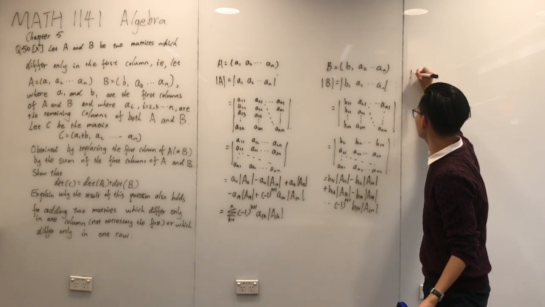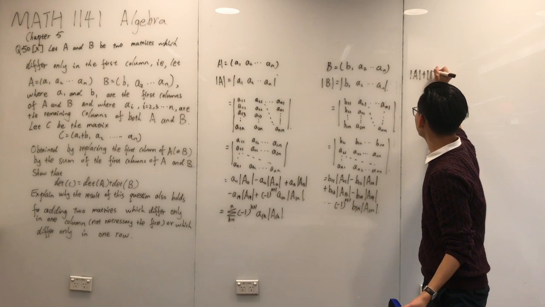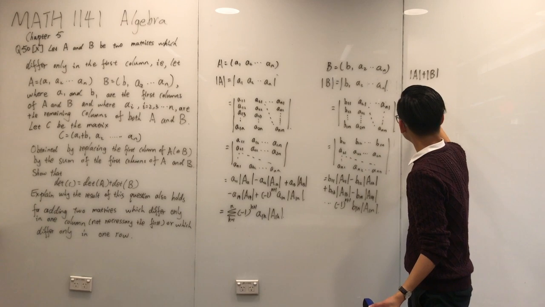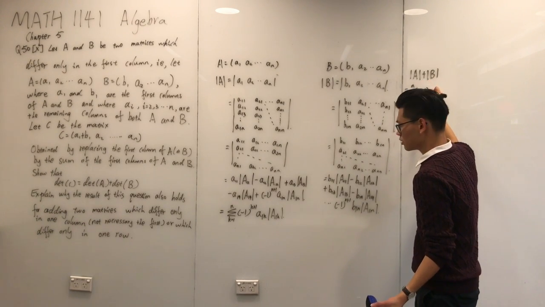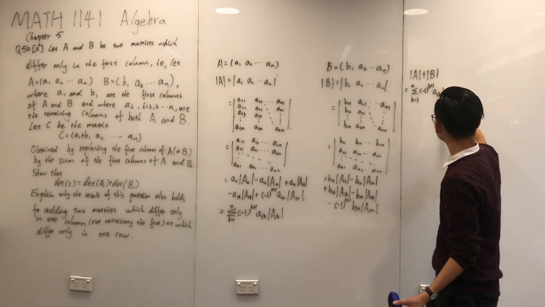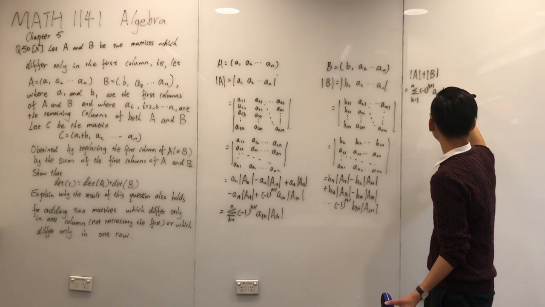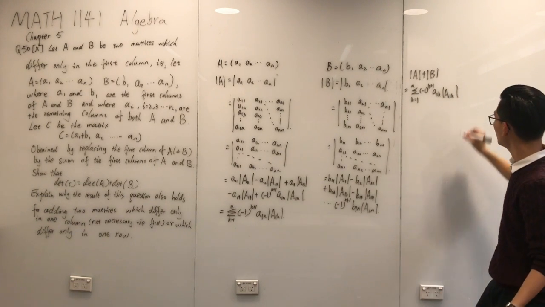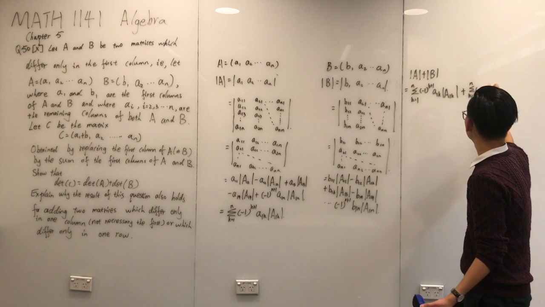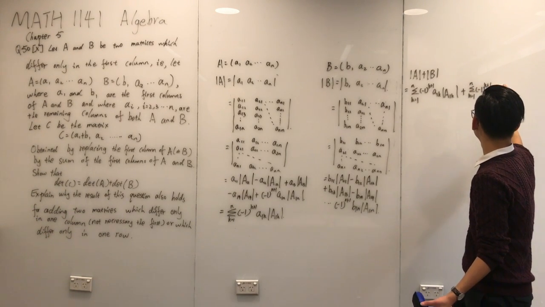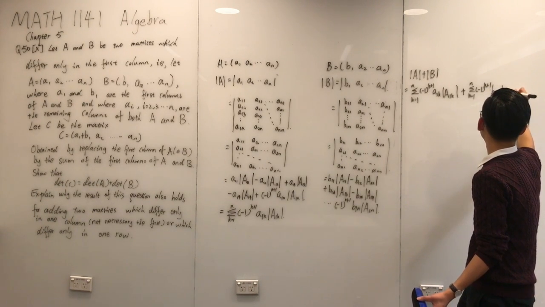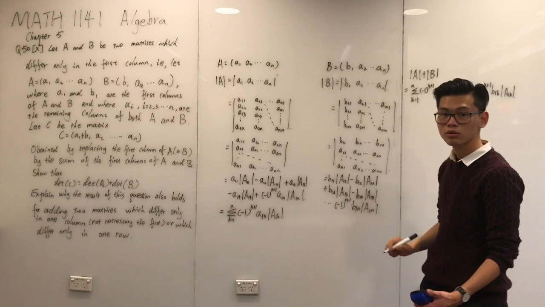So we can add them up, which is the sum from k equals 1 to n of (-1)^(k+1) A1k times the minor, plus the sum from k equals 1 to n of (-1)^(k+1) B1k times the minor.